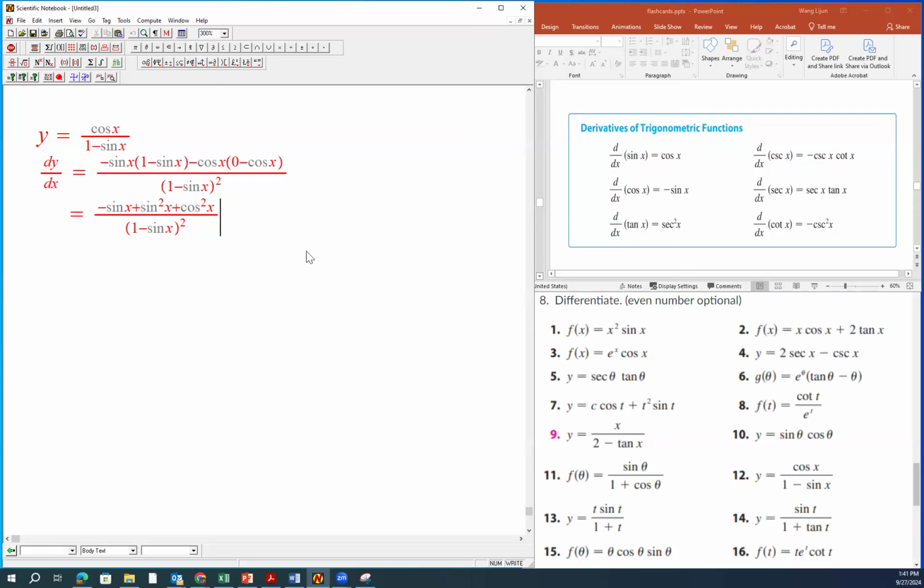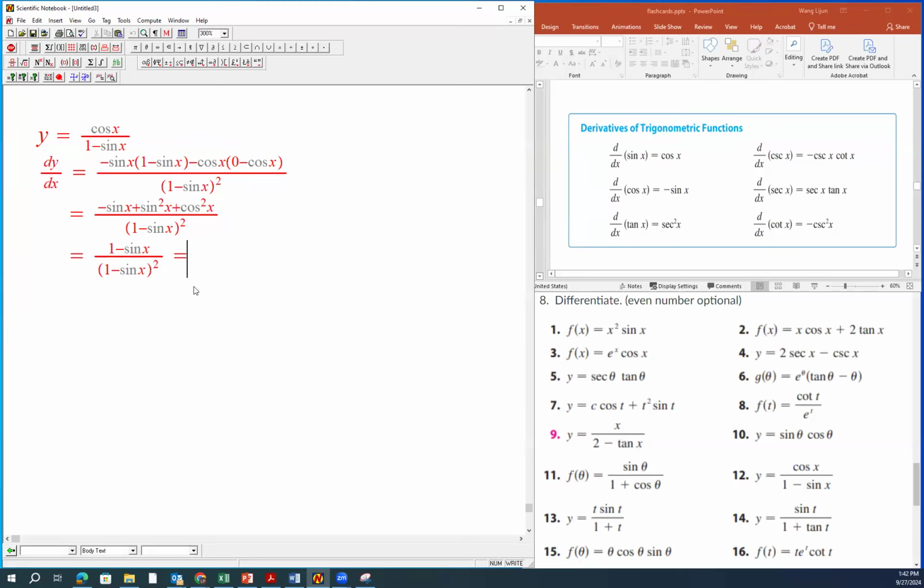Now, what do we get? Sine square x plus cosine square x equals 1. So that's a 1. We got something similar on numerator and denominator, isn't it? If I bring this 1 to the front, which I can, by the commutative property, we get 1 minus sine x over 1 minus sine x to the power 2.